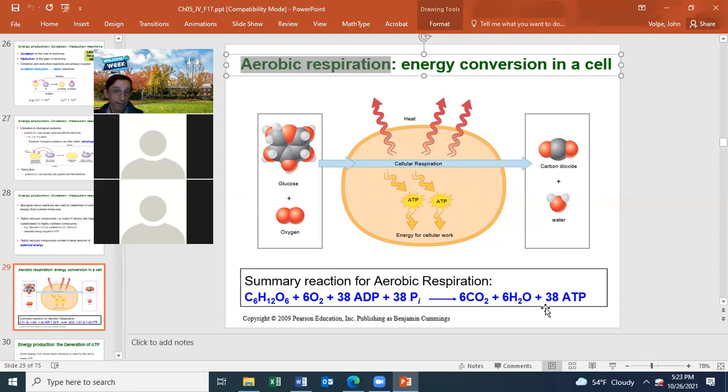Now, this is just the summary reaction for aerobic respiration, because aerobic respiration does not occur in one step. Any question about any of that? All right.